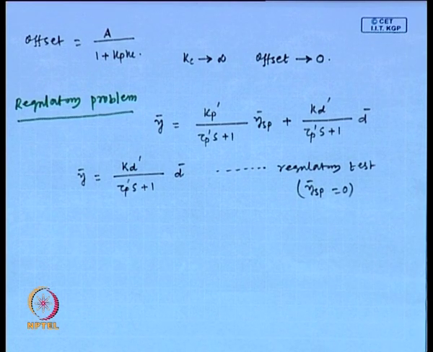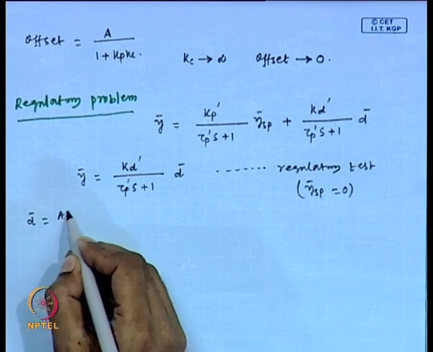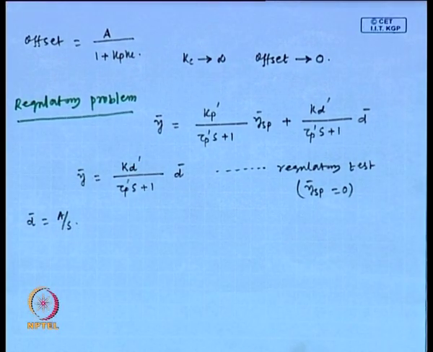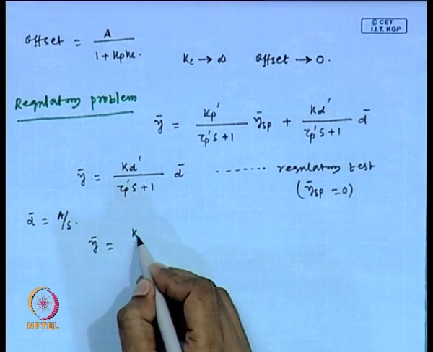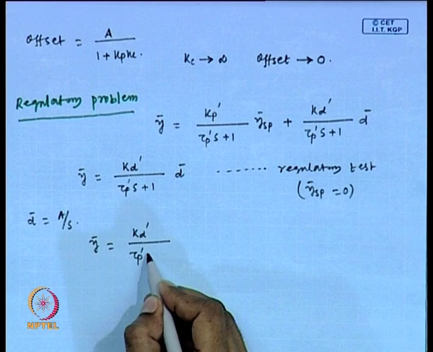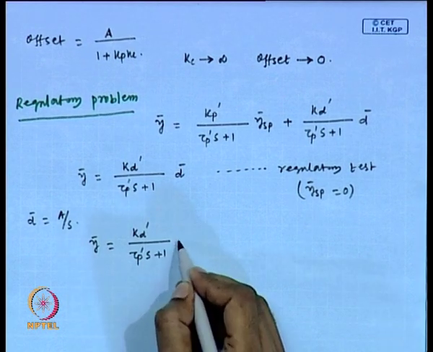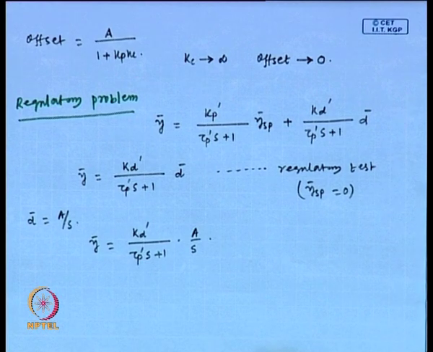Similarly, we will consider a step change in the disturbance with a magnitude of A. We get the closed loop transfer function as y bar equals Kd prime divided by tau p prime s plus 1, multiplied by A by s.